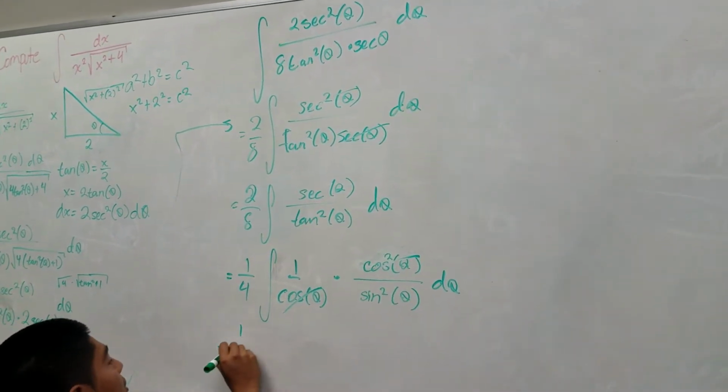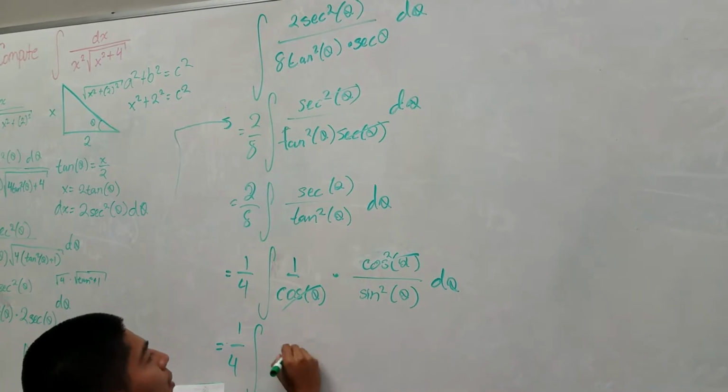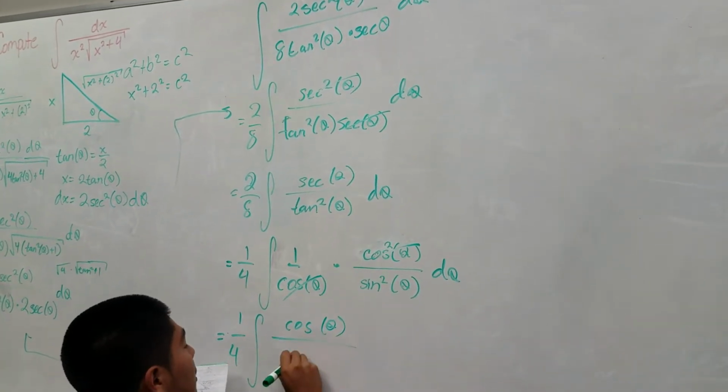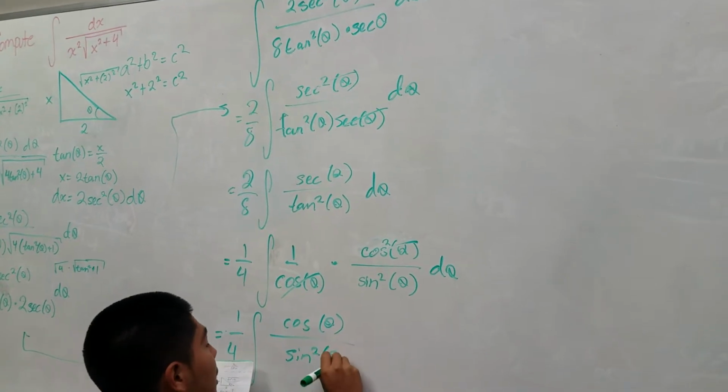One of the cosines cancels, so it's going to be 1/4 integral of cosine of theta over sine squared of theta.